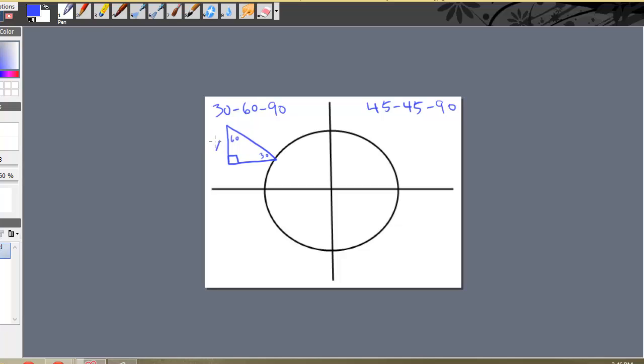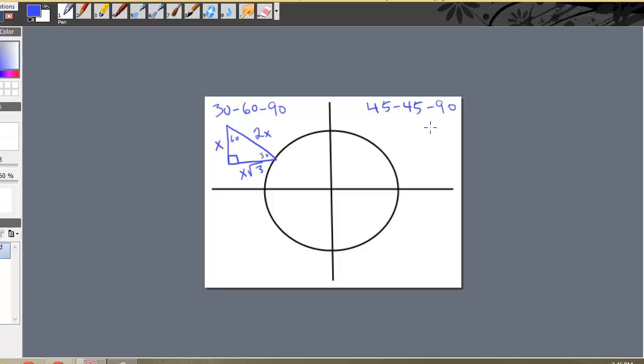Opposite your 30 is where you have your x, your hypotenuse is 2x, and opposite your 60-degree angle is where you have your x root 3. All this will become more clear as we do some very specific examples.